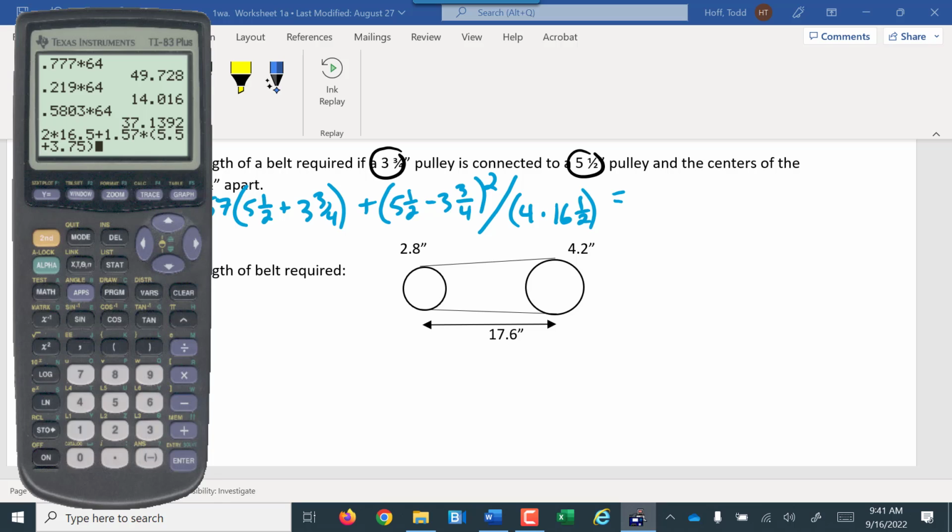Good. Close the parentheses. Plus, now in parentheses again, 5.5 minus 3.75. We have to close the parentheses and square that. And then divided by, parentheses, 4 times 16.5. We get 47.57 inches if we round it to the nearest hundredth of an inch.